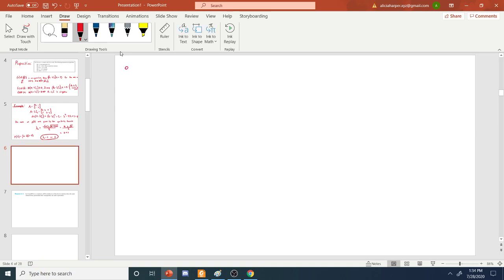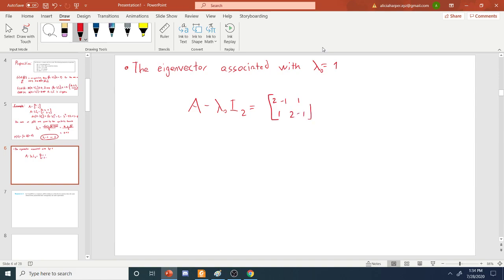So the next thing we do is we look at the eigenvector associated with lambda naught is equal to 1. Well then, A minus lambda naught times I2 is going to be precisely 2 minus 1, 1, 1, 2 minus 1, which is simply the matrix 1, 1, 1, 1.